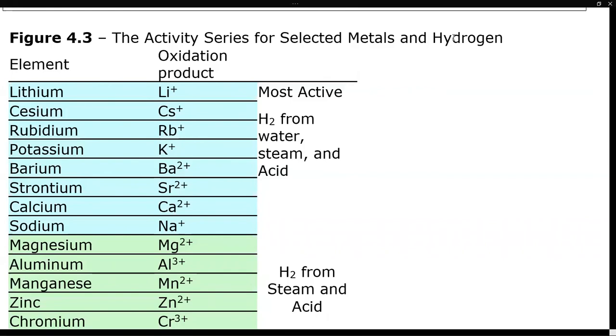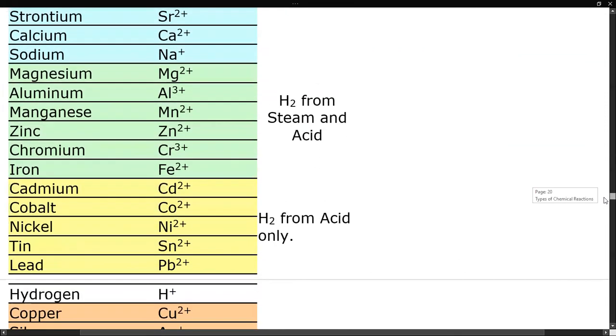A lot of these active metals will displace hydrogen from water, steam, and acid. These in this next section, starting with magnesium, will displace it from steam. That is, the water has to get really hot, or acid, but not water. And then those in sort of that yellowish color will displace hydrogen gas from an acid only.